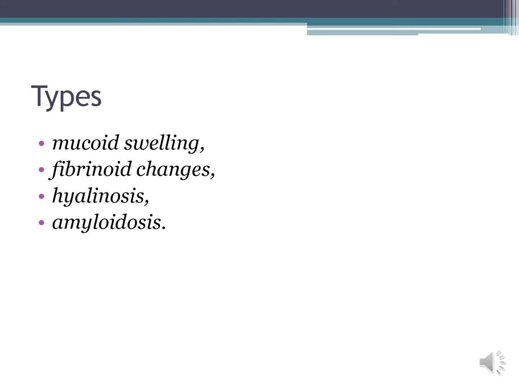But amyloidosis is quite a special type of dystrophy because it is accompanied with the accumulation of amyloid, which is not seen in the normal situation within the human body.